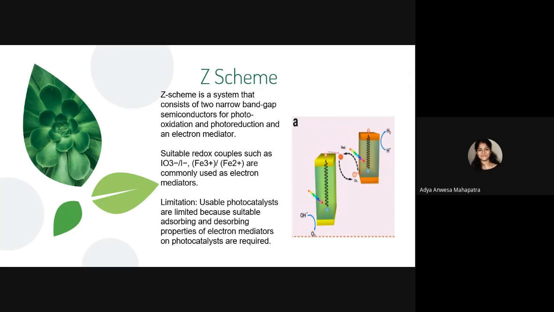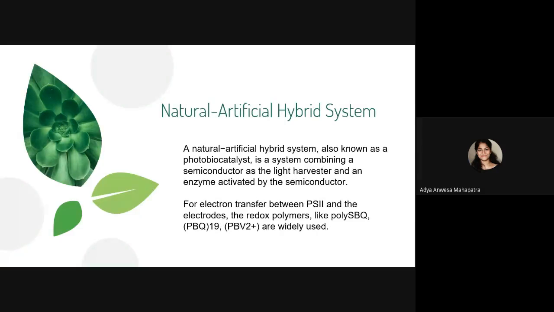Next, we have natural artificial hybrid systems. Out of the oxidation and reduction processes taking place during artificial photosynthesis, oxidation of water into oxygen is a difficult process. Out of the many photocatalysts discovered for the oxygen evolution reaction, none is impressively efficient enough.